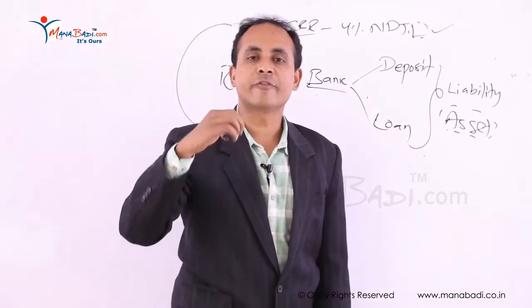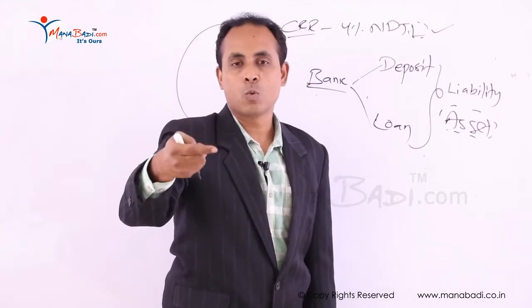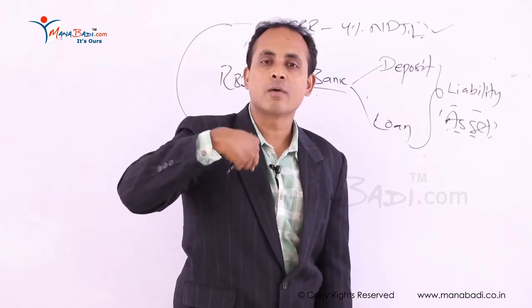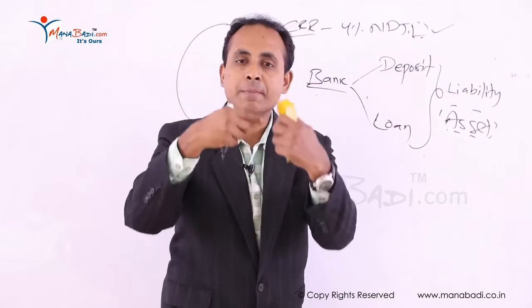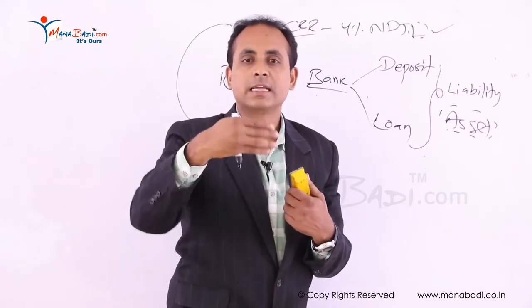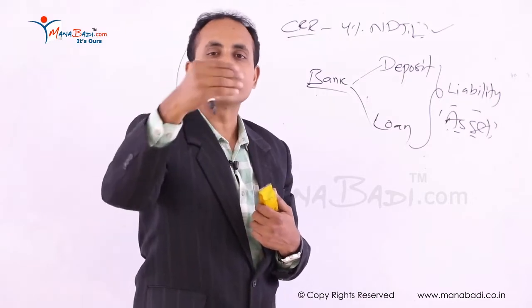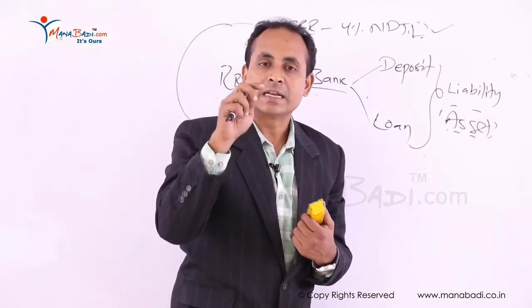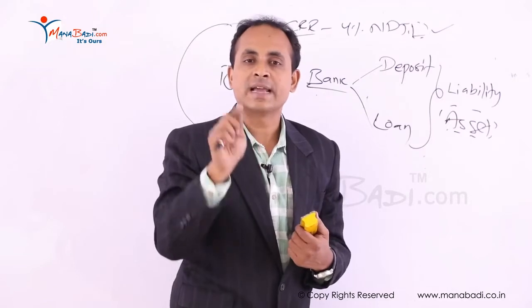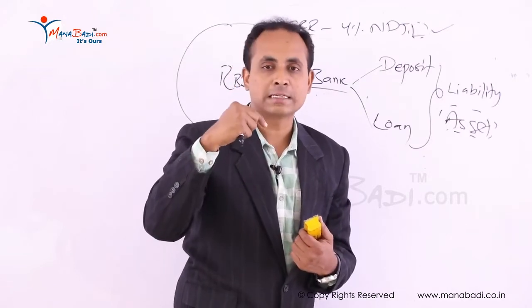That 100 rupees is an asset for me. Why? Because it creates 3% interest. At the end of the year, you return my principal 100 rupees along with 3% interest. That is income to me. That's why that 100 rupees is an asset to me.